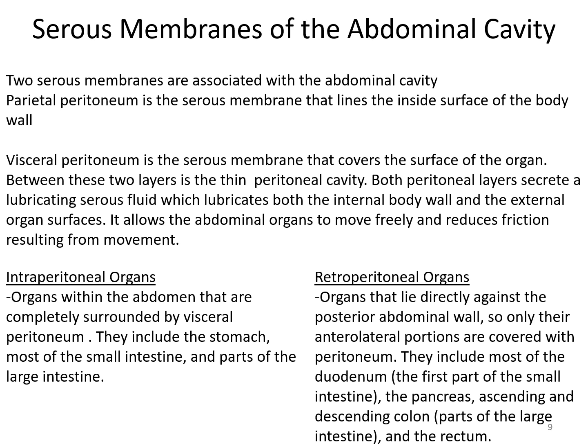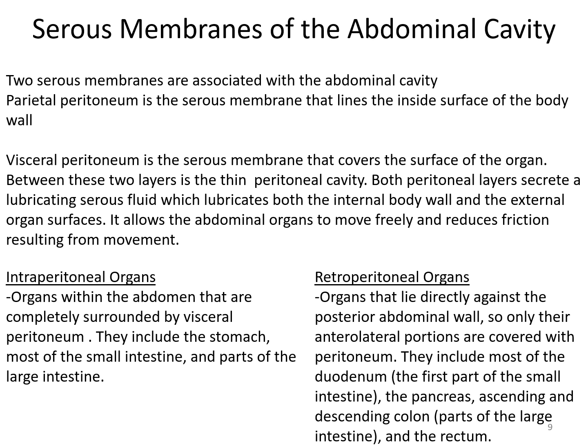Now, retroperitoneal organs lie more against the posterior abdominal wall, so only the front and the sides of them are covered with visceral peritoneum. That includes a majority of the duodenum, which is the first part of the small intestine, the pancreas, both the ascending and descending parts of the colon, and then the rectum.